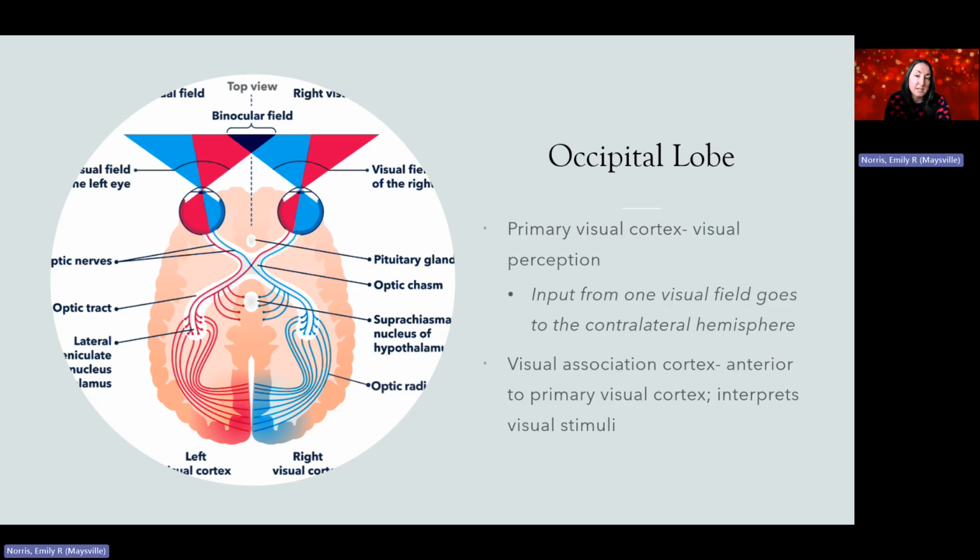Agnosia is your ability to see but not recognize. So you are able to see, but you are unable to recognize objects by sight. So you see that there's a book sitting there, but you can't tell the difference between the book or a hat. There's actually a book out there called The Man Who Mistook His Wife for a Hat.